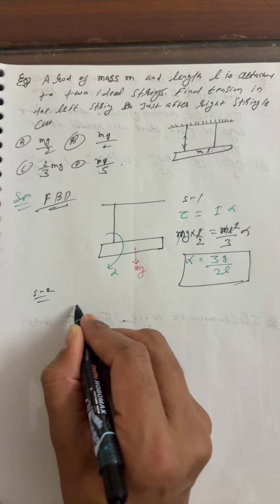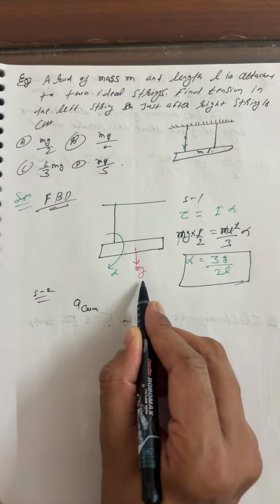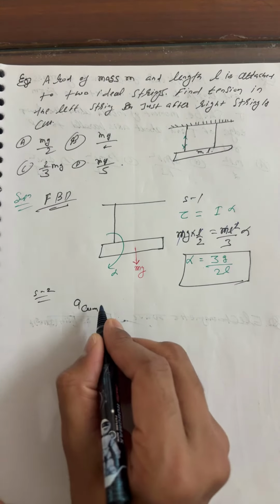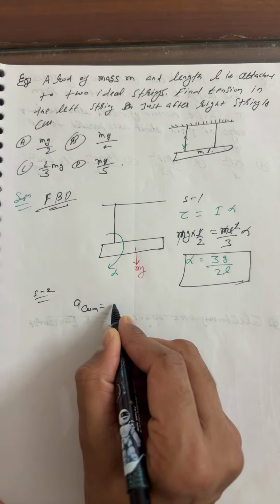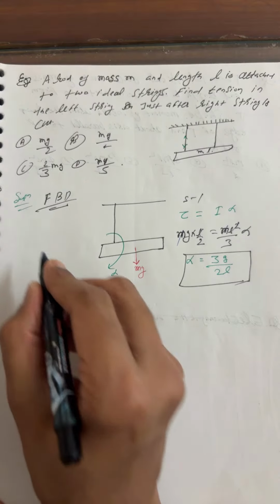Step two, you can take acceleration of center of mass, because we are considering the particle's motion with respect to the center of mass. What is the formula? a_T equals R alpha.